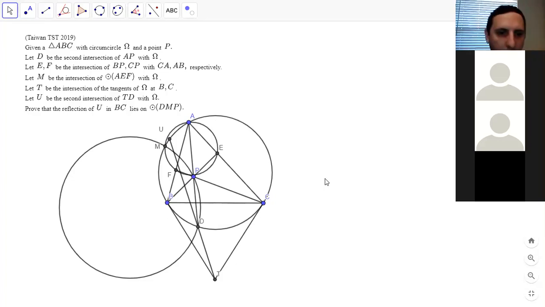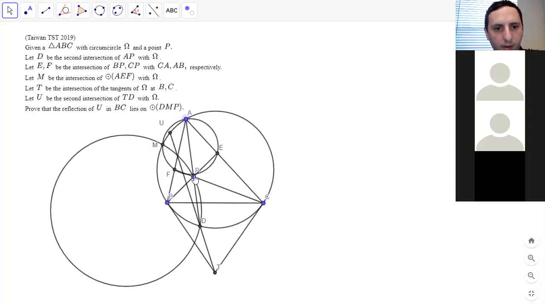Is there anything we can do with that? I know there's a theorem that says if we let DE and DF meet this circle at 2 points, then if we connect B and C to those points, they'll intersect on the Symmedian, which is AT. But I'm not sure how much we can do with that.